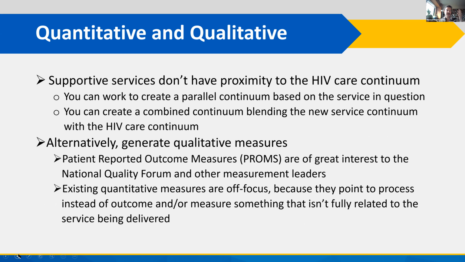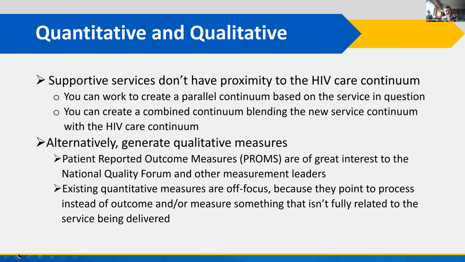How does giving a bus pass relate to viral suppression? There is a way to make that happen, but oh my gosh, is that complicated and rigorous. Instead, you can create a parallel continuum based on the service in question. If you're thinking about medical case management and people who have acuity that brings them in and then they graduate out, right? Graduation is the endpoint outcome.